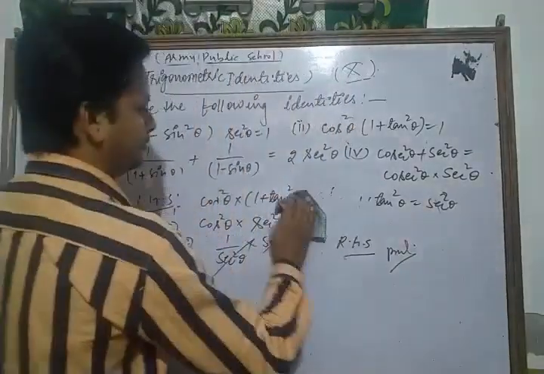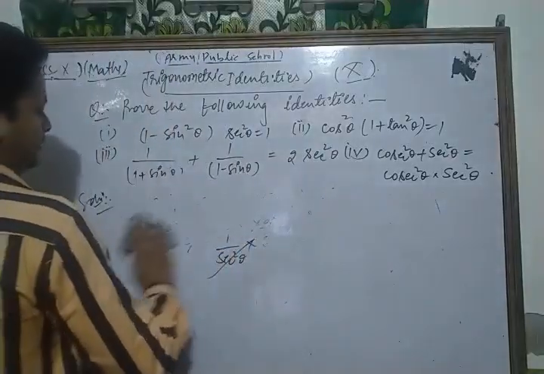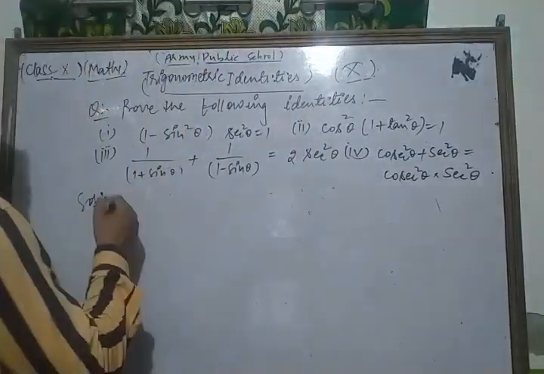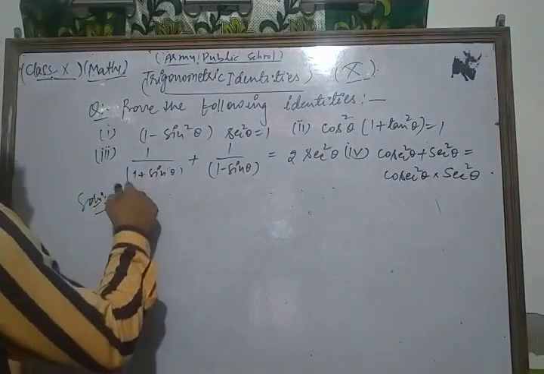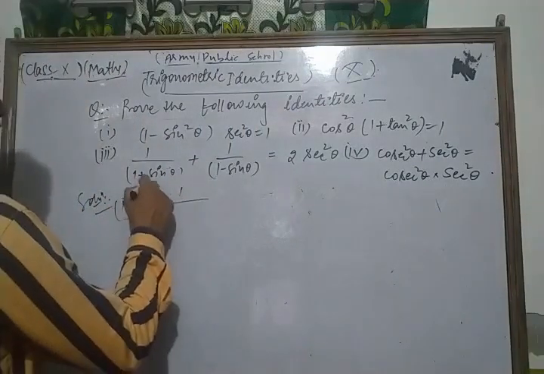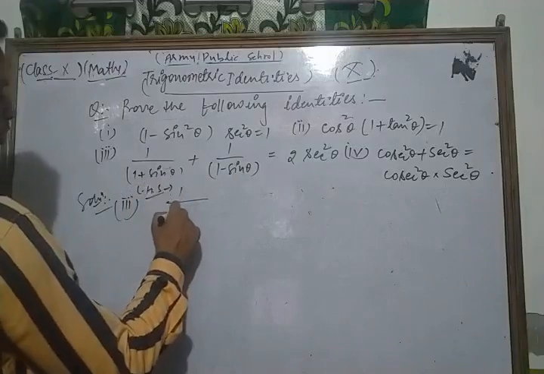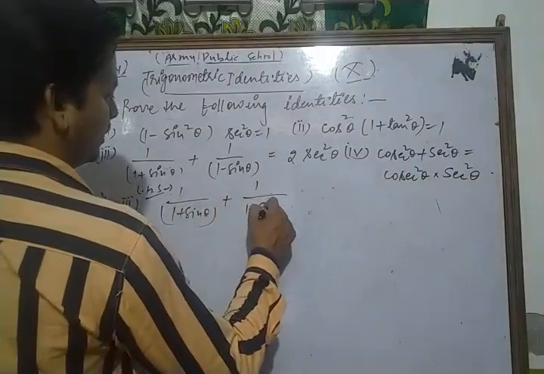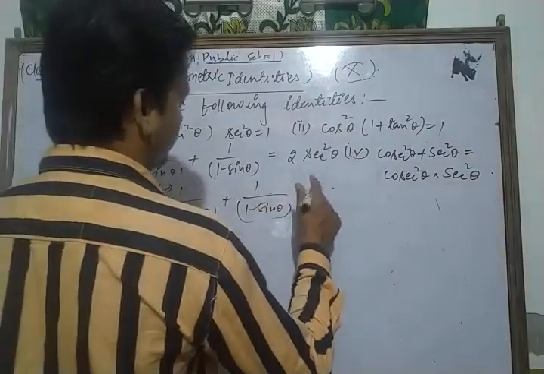Let's see. We take and solve the third part of this question. We take the left hand side, so 1 upon (1 plus sin theta) plus 1 upon (1 minus sin theta).